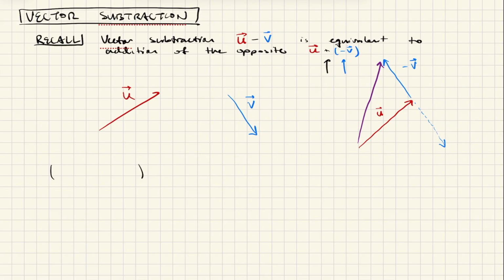So let's start by writing out vector subtraction in component form. We have ux and uy, and I'm going to color code these a little differently, so all the u components are red and all the v components are blue, to make this more clear. Vector v looks like vx and vy. If I rewrite this as an addition problem, adding a negative vector, then this is ux, uy plus negative vx, vy.